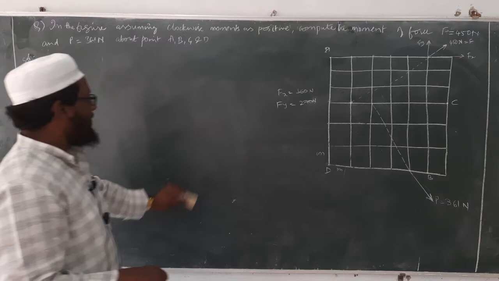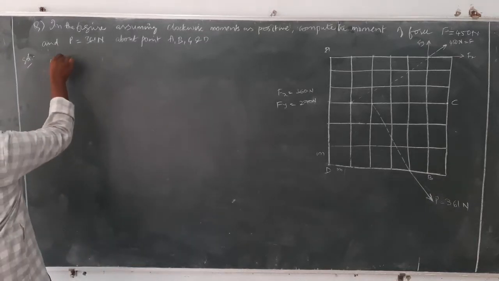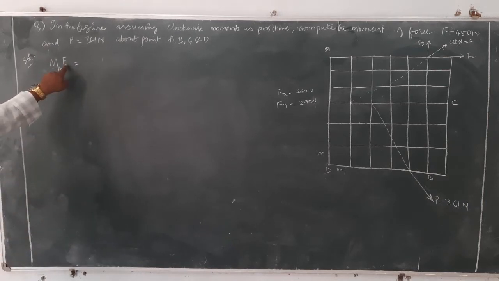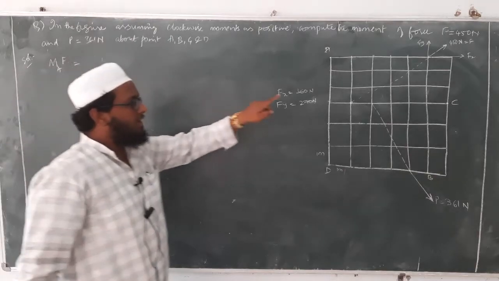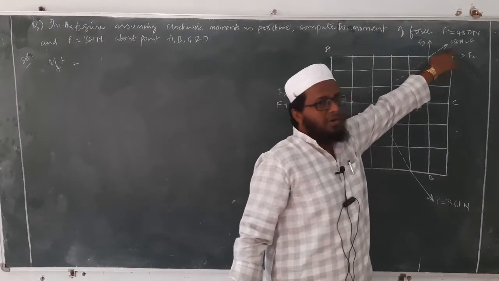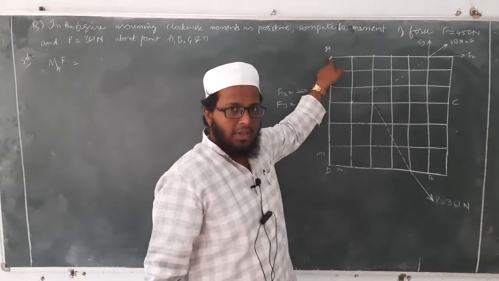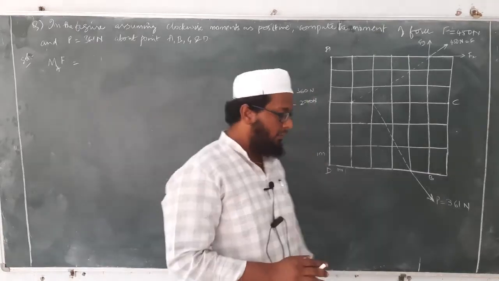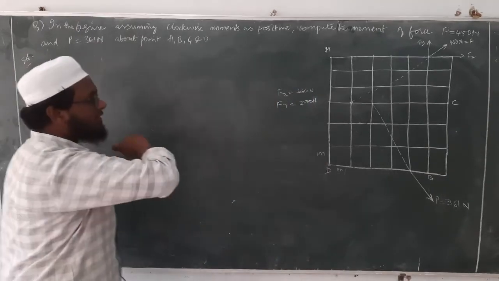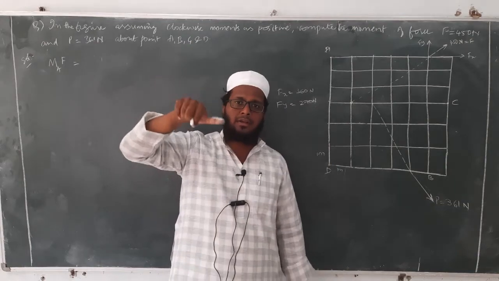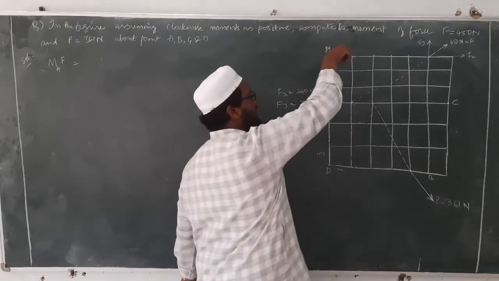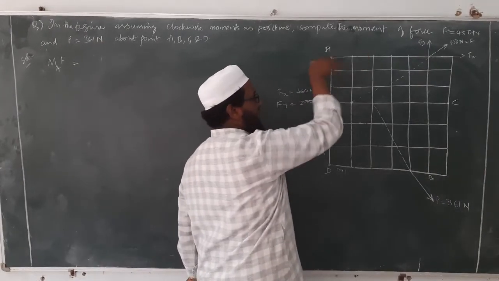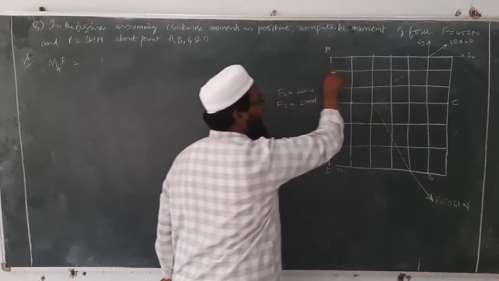Then I will calculate moment of F about point A. This is how we have to write, moment of F about point A. That means moment of this force about point A. Now see here, whenever you calculate moment, what I used to tell you in the previous class is that you keep your thumb on point A. If you keep your thumb on point A, you can see Fx is going exactly through point A, isn't it?